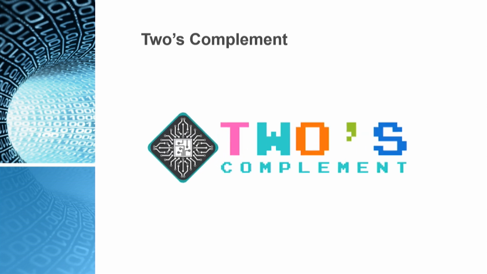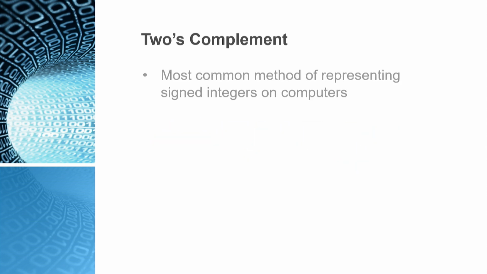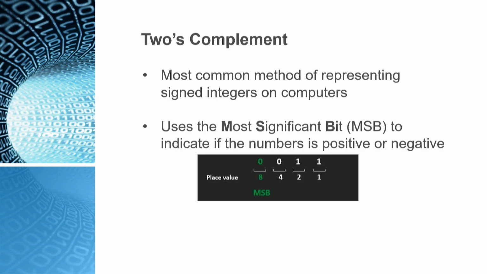This is where 2's complement comes into play. 2's complement is a mathematical operation done on binary numbers. It is used in computer science as a method of signed number representation. This method uses the leftmost bit, called the most significant bit, as a sign bit to indicate if the number is positive or negative.